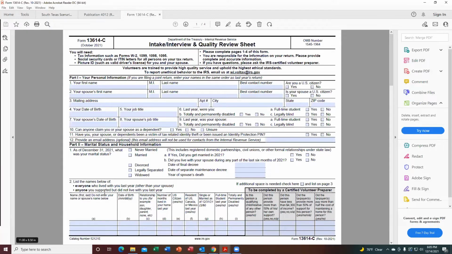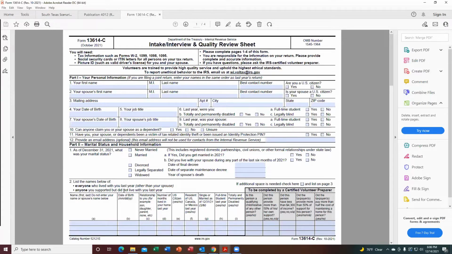Okay, anyone you supported but did not live with you the last year. For example, somebody that's away in college, okay? They're one of the exceptions to the rule: if they're away at college and you're supporting them, then of course they are your dependents. Parents is the other one.